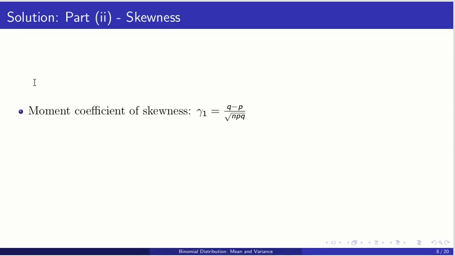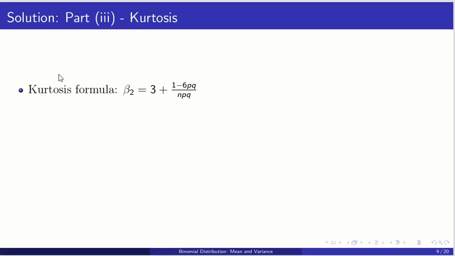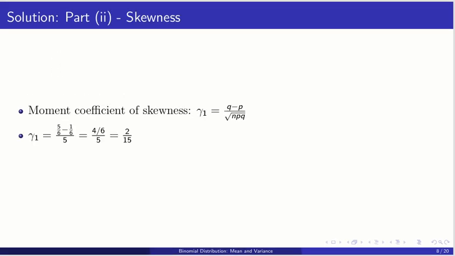Now the moment coefficient of skewness, so we need to find gamma 1. That would be (Q minus P) upon the square root of NPQ. In previous videos I have explained this. Thereafter just plug in the values and we will get 2 upon 15. This would be the answer, 2 upon 15.